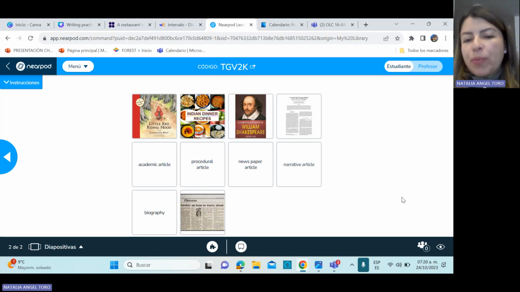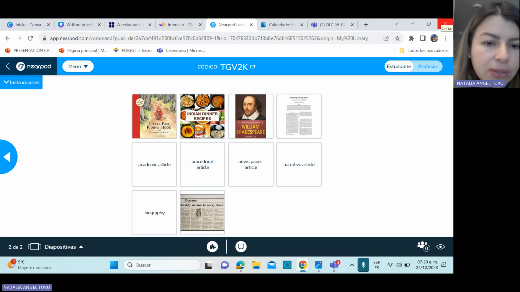So these represent types of articles. We have here biography articles, academic articles, procedural article, newspaper article, and narrative article.